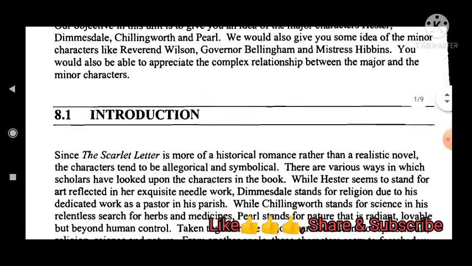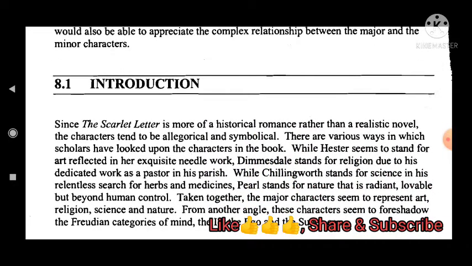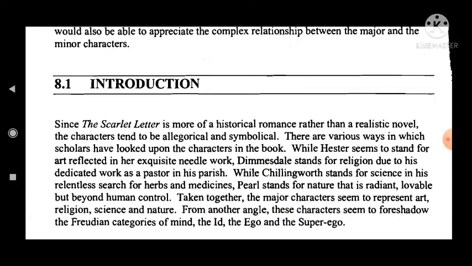Then come to the introduction. The Scarlet Letter is more of a historical romance rather than a realistic novel. It contains most historical parameters.